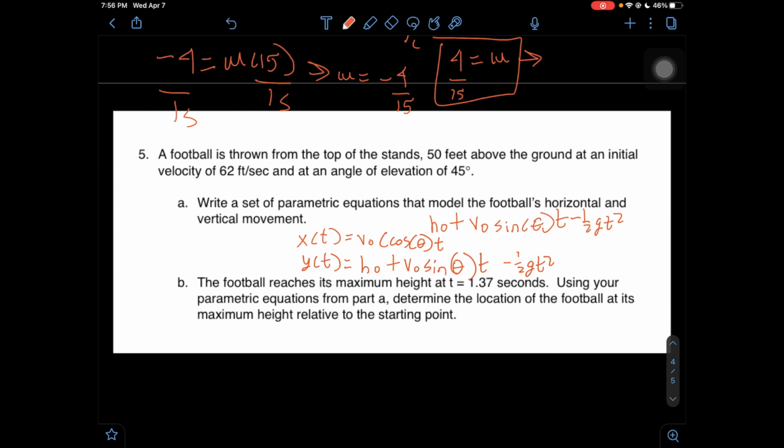If you are in physics, you know that g should be 9.8 meters per second squared. In math, they use 32 feet per second squared for g.